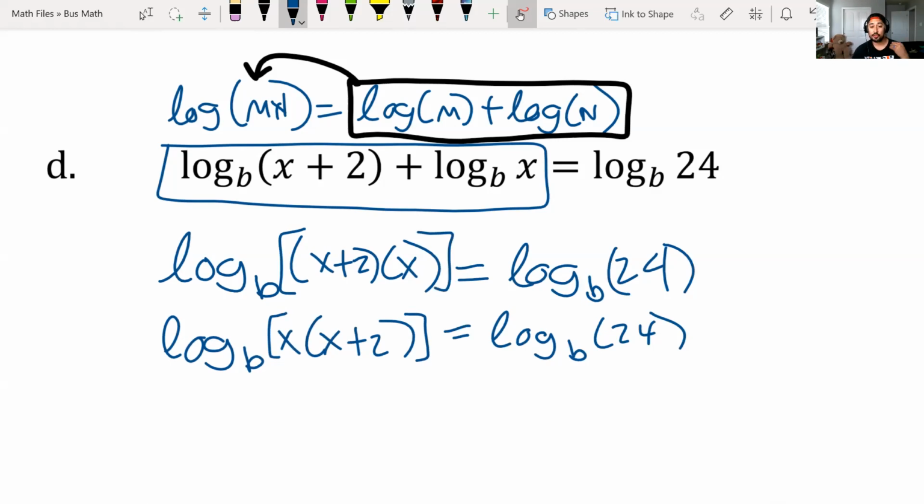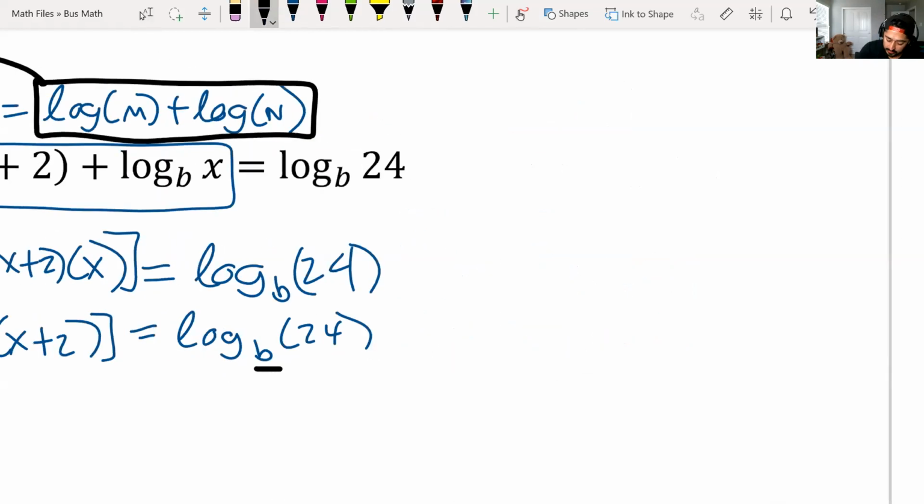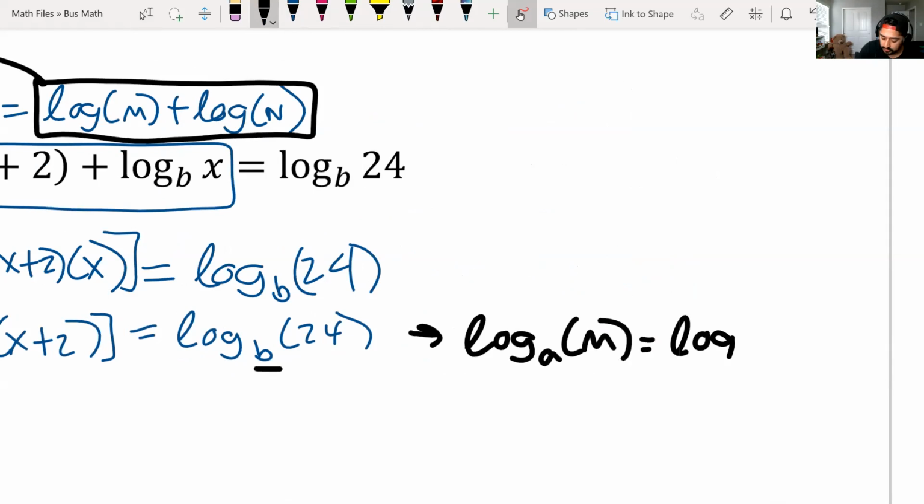Okay. So now, in order to solve for x, we're going to use another property. We're going to use the equality property. We see that these bases are exactly the same on both sides. So remember, the equality property from above is log base a of m equal to log base a of n.